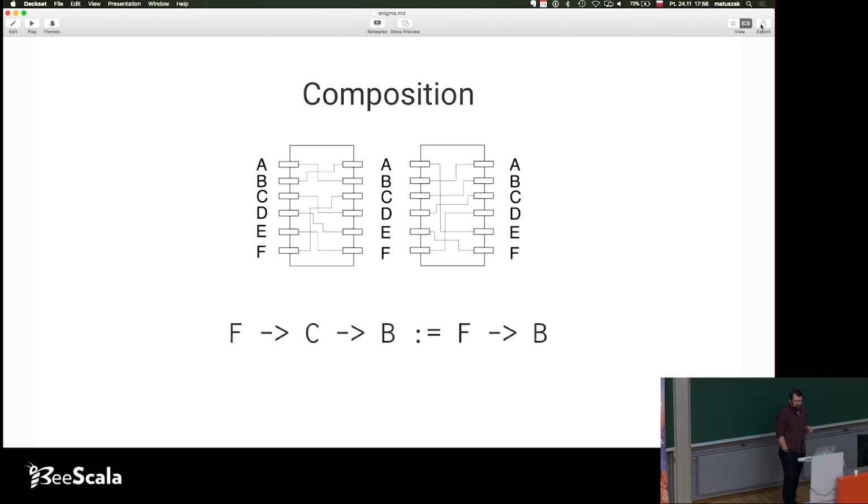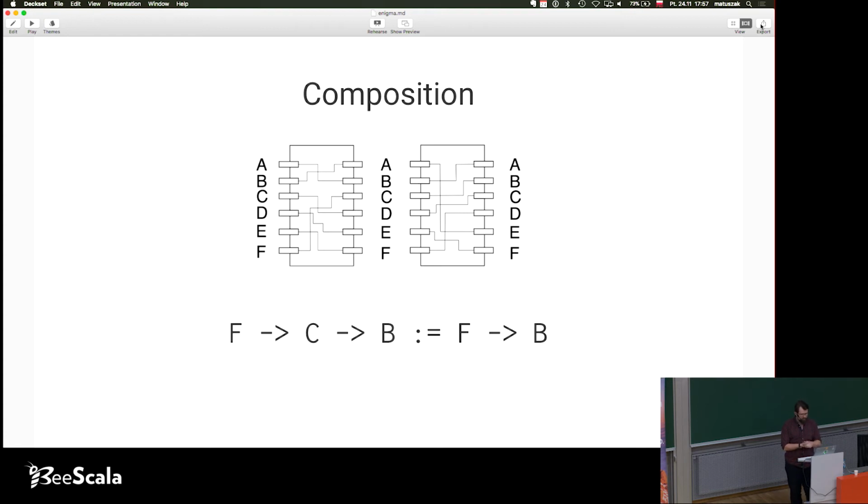And one thing is you can compose isomorphism the same way you compose two functions. So having a function from A to G, G to H, is the same as having a function from F to H. So the same for the isomorphism.